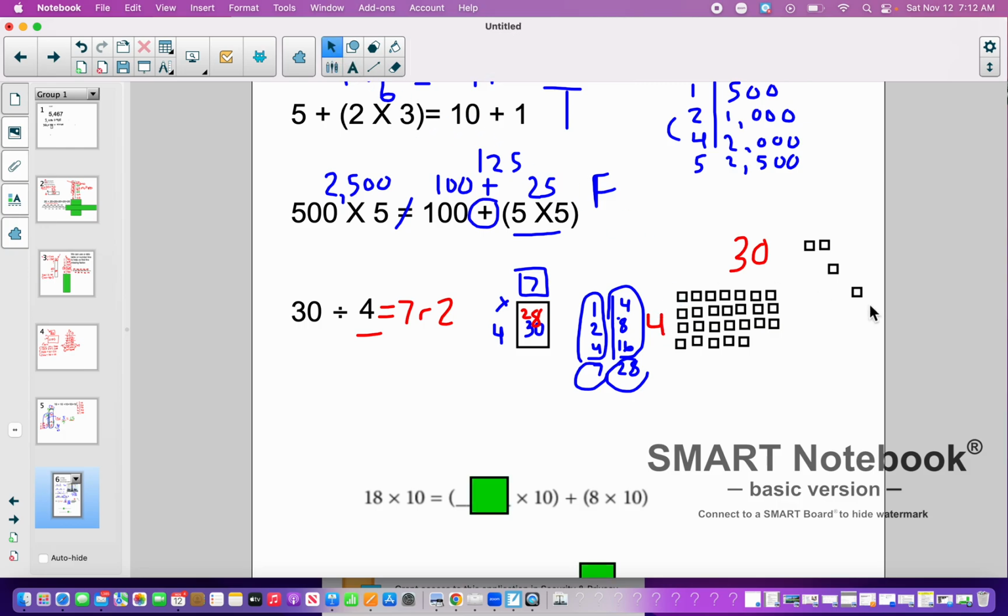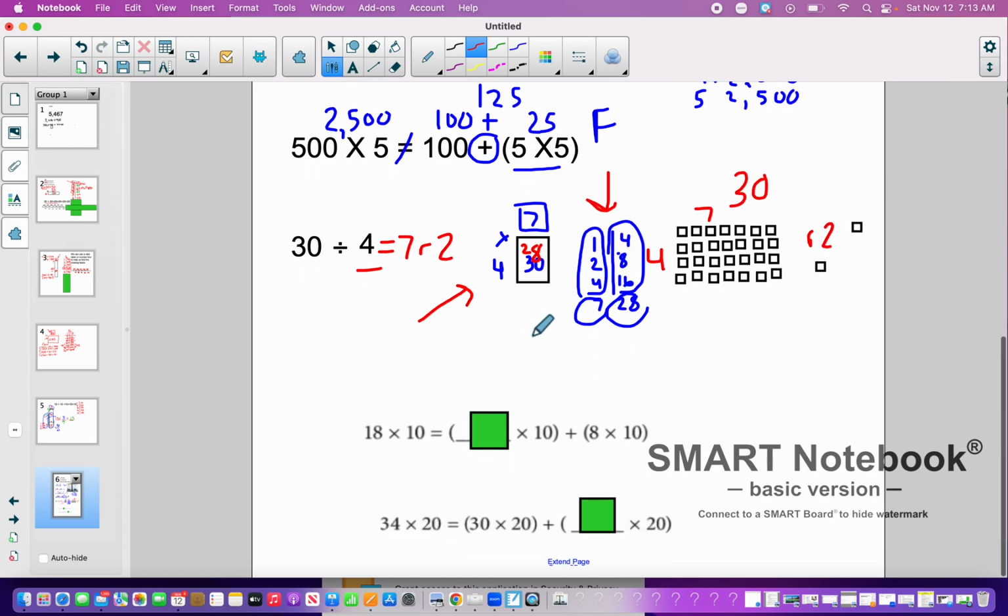We kept moving them over, fair share. If you remember, we had 2 left over. So what did we create? We're able to create a 4 by 7 with a remaining of 2 tiles left over. Again, best thing is make an area model, then start with your ratio tables.